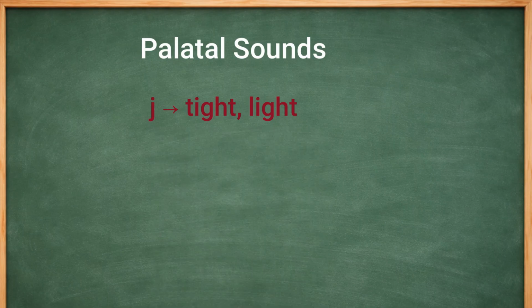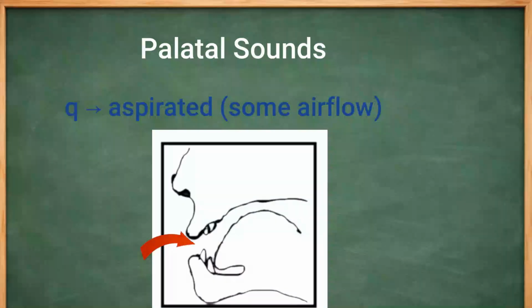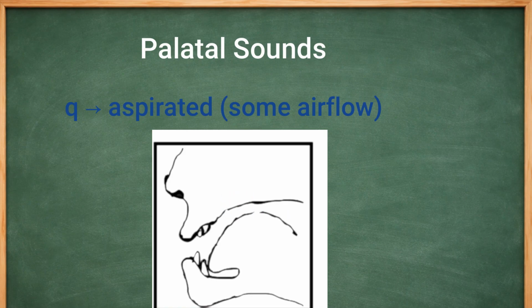For Q, qi, it's similar. The tip of your tongue should be pressed on your bottom teeth. And then you're going to raise the middle of your tongue this time to block the airflow and then slowly release the air. Qi.